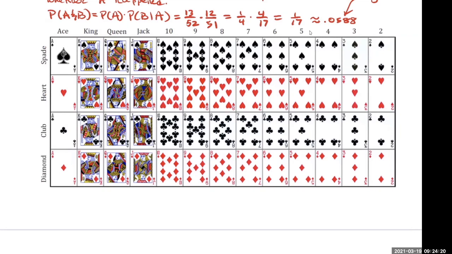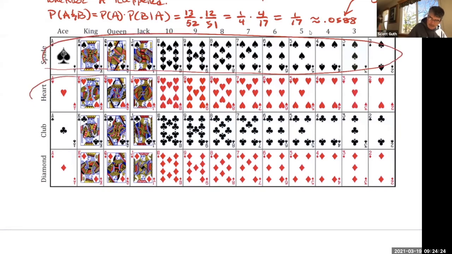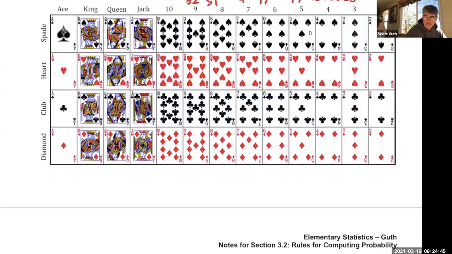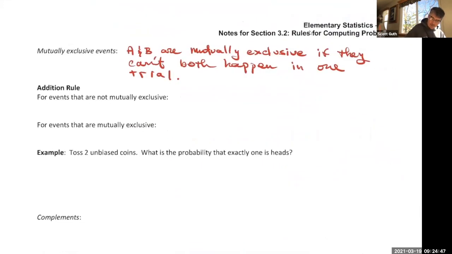No, there's no card that's a spade and a heart. These are different groups altogether without overlap. The second you know it's a spade, that excludes it being a heart, and the second you know it's a heart, that excludes it being a spade. They cannot both happen, so those are mutually exclusive.